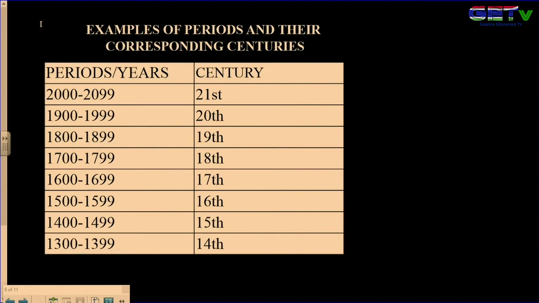Here are examples of periods and their corresponding centuries. That is, from a particular year to a particular year, what is the century there? Let's look at it.